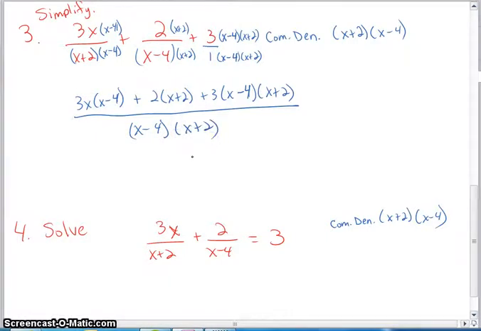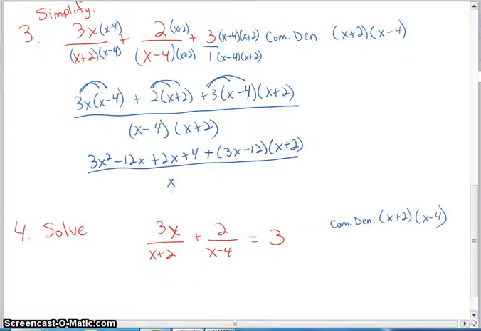Now if I want to simplify this fraction, I'm going to distribute and simplify the numerators. So I have 3x squared minus 12x plus 2x plus 4 plus 3x minus 12 times x plus 2. So I still have some more multiplying to do on that part.